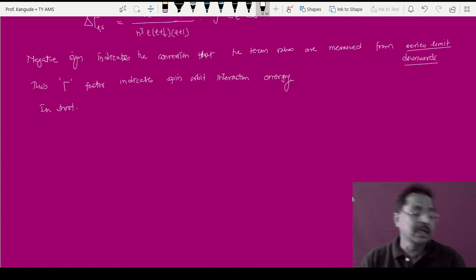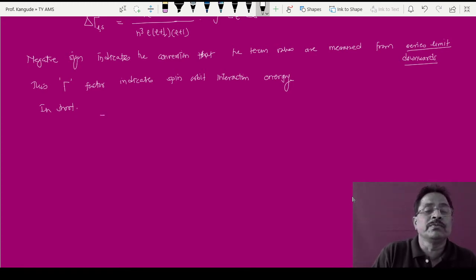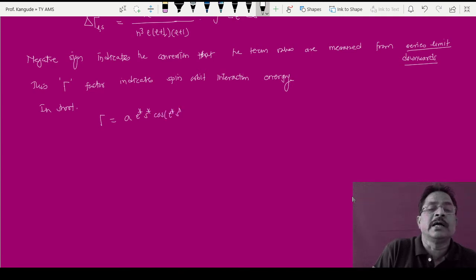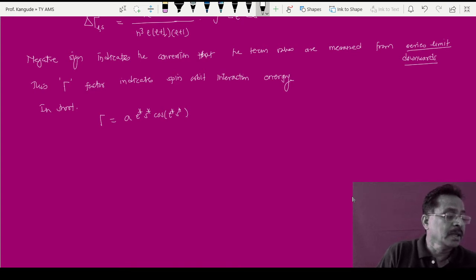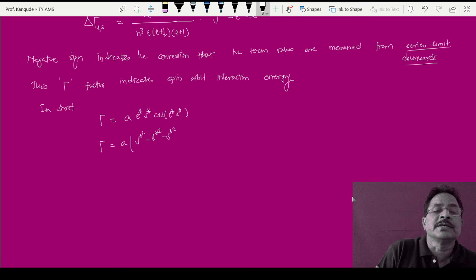In short, I can write gamma is equal to A times L star into S star multiplied by cosine of the angle between L star and S star. Or another relationship for this gamma factor is A times in the bracket J star square minus L star square minus S star square upon 2.